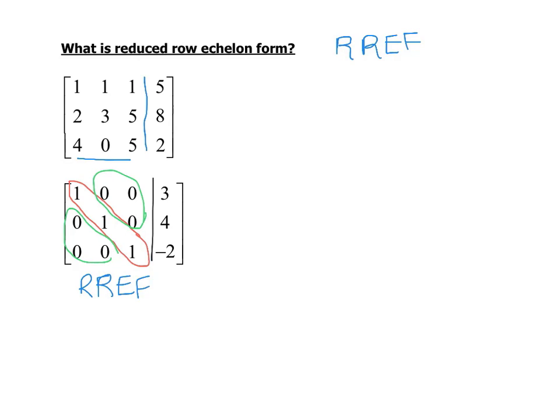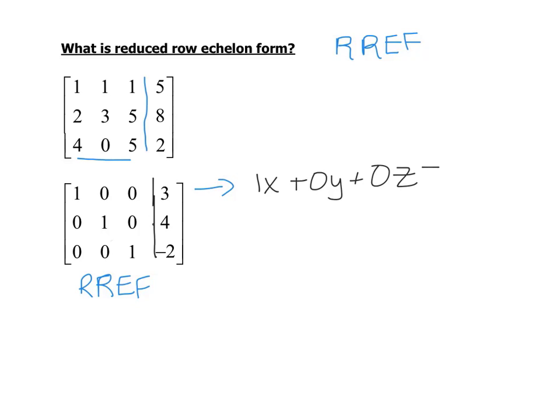The reason why this is helpful is because if I take this RREF matrix and put it back into equation form, this first row is going to look like 1x plus 0y plus 0z equals 3, so it tells me x equals 3.